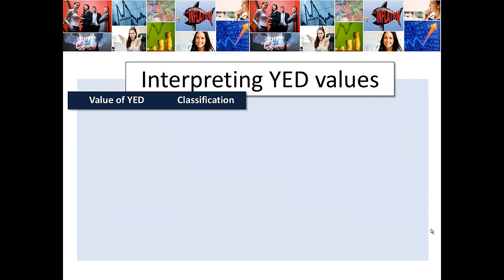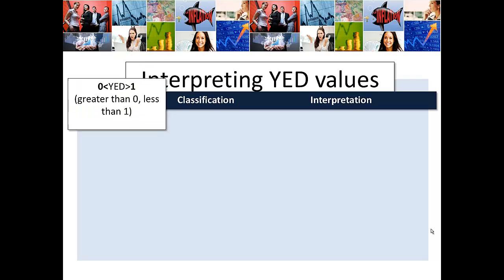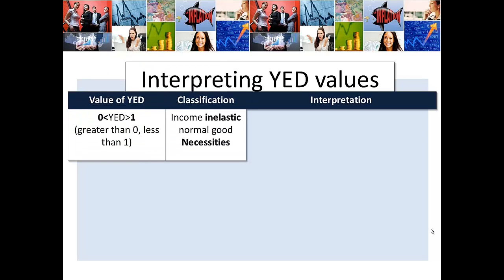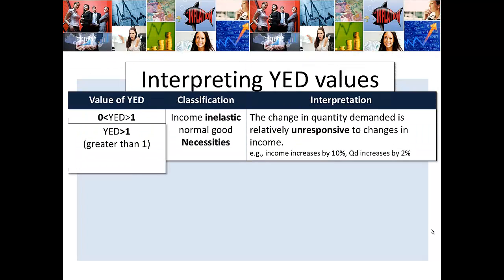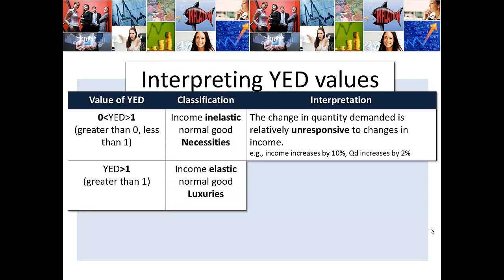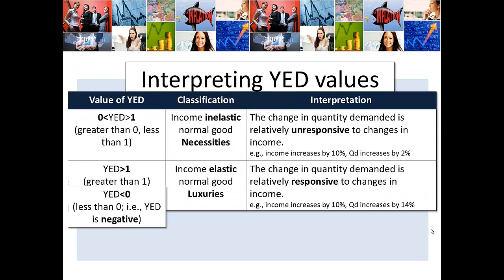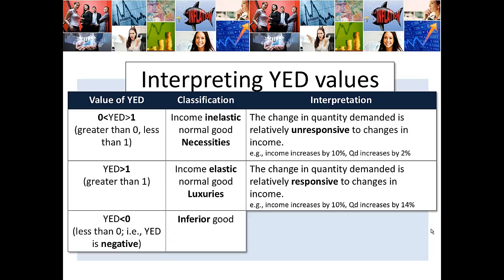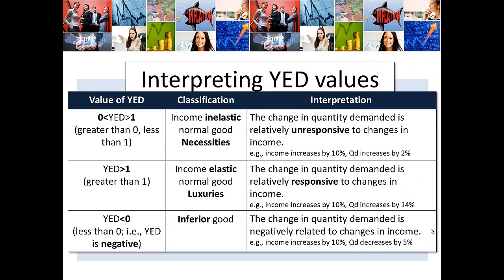Okay, how to interpret our income elasticity of demand values. So if our value is between 0 and 1, it's greater than 0 but less than 1, then we can say that our goods are income inelastic. They're normal goods and they're necessities. So what this means is that the change in quantity demanded is relatively unresponsive to changes in income.